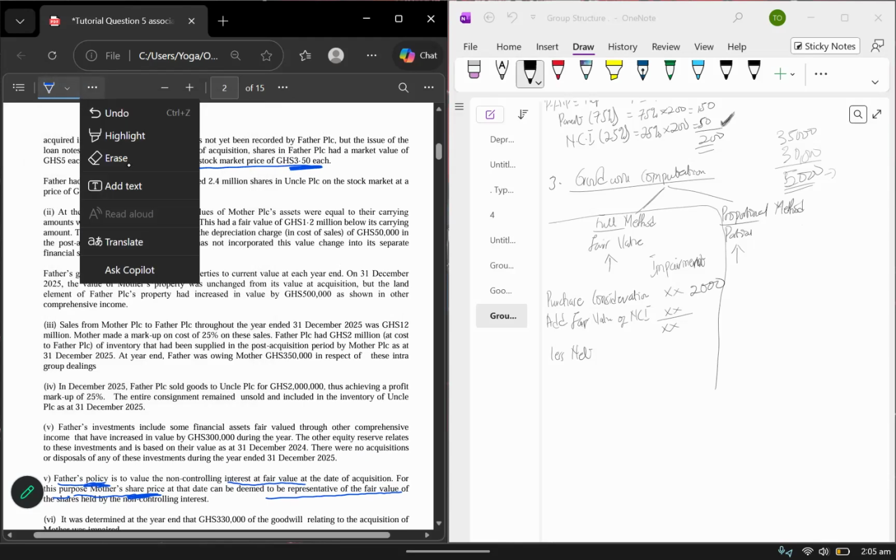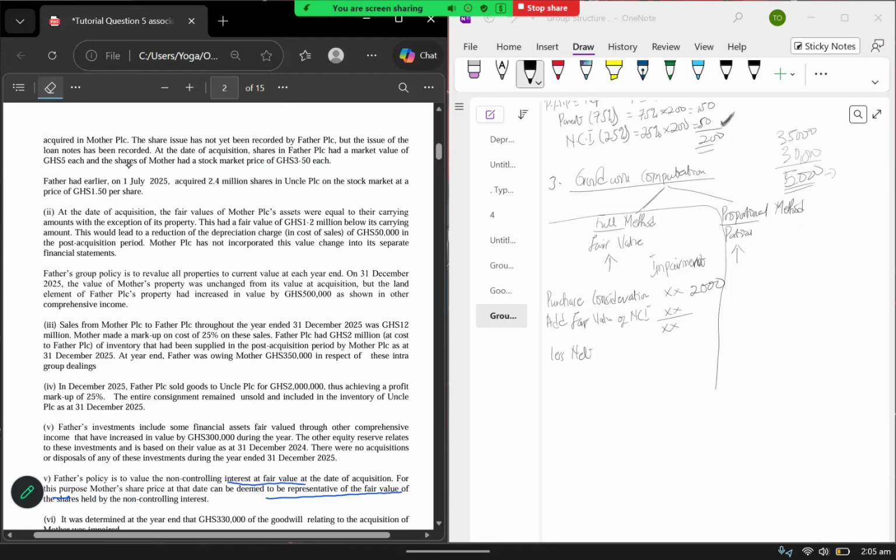Okay. Normally, when you are doing the proportion method, you will not use the fair value of NCI. Okay. The computations that I've been seeing, they've been doing fair value of net assets, or the NCI proportion of net assets. But I'll come to that.